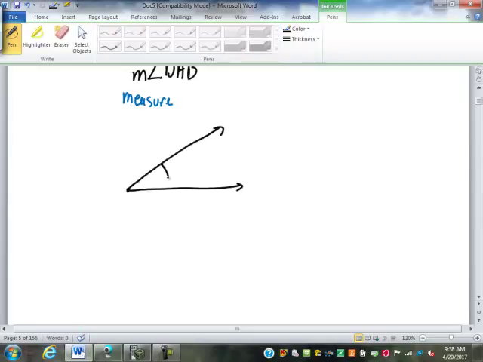So let's say we have an angle here that is 31 degrees. So you might say the measurement of angle ABC is 31 degrees.